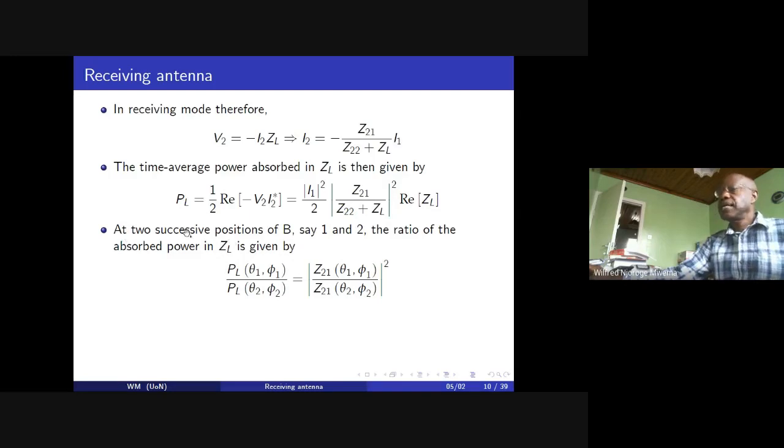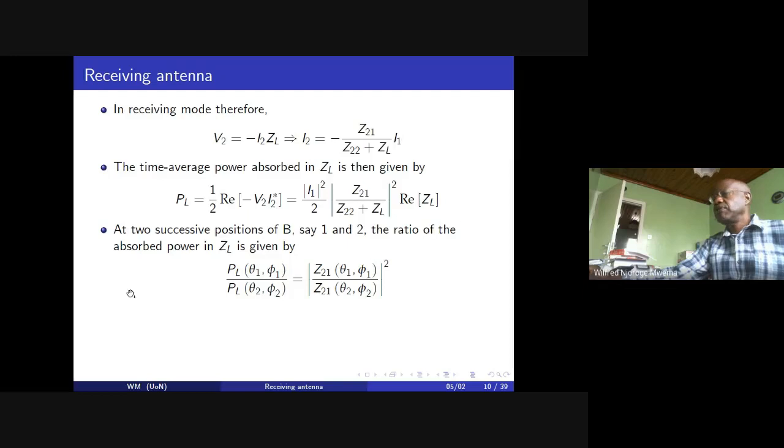So at two successive points of B, say the point 1 and 2, where we have shown that point 1 is on the axis, and then 2 is the rotated position from the diagram that we showed before. I find it a little bit cumbersome to keep on going back to the diagram.